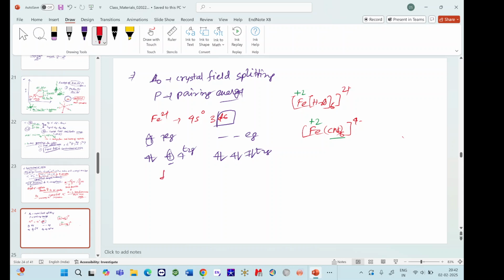So this is called high spin. This is called low spin because it doesn't have any unpaired electrons. So H2O will give you weak field. Why weak field? Because it doesn't have any pi orbital. Okay, it cannot take back any electron.